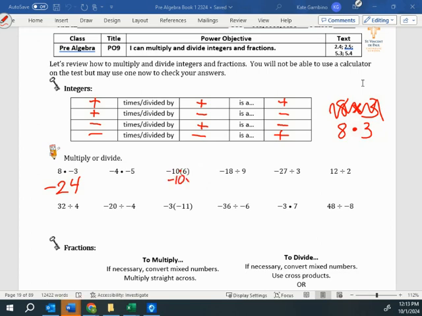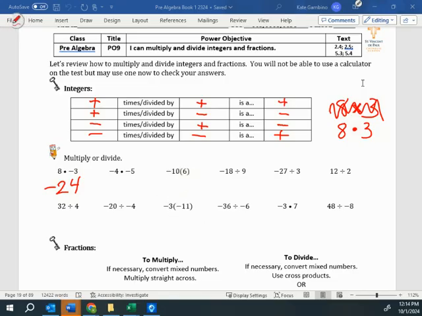And if it's something like a variable, we know that when there's a number right next to a variable, it automatically means multiply. We just don't put that multiplication symbol in there. So if you see a number right next to a variable, right next to a parentheses, it means you are multiplying it.